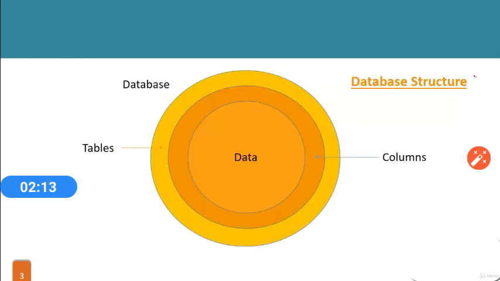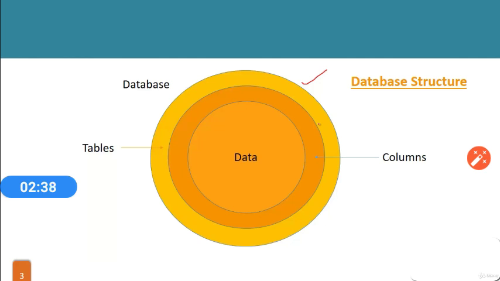Now if I talk about the database structure, we are talking about the backend or database, but if you don't know the database structure, then you are not able to attack. So we need to understand the general structure of a database, right? You can see this complete shell is called a database. Inside the database we have tables.